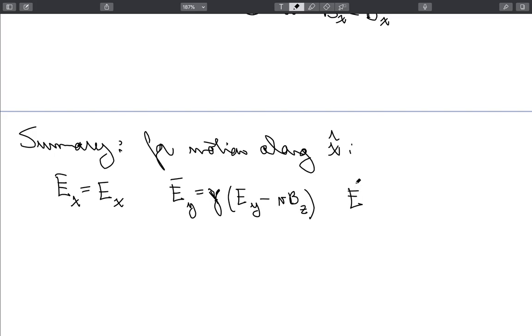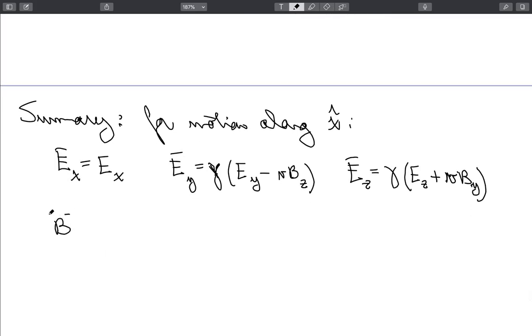And the same thing with the z component. For the magnetic fields, the longitudinal component is unchanged. And once again, the transverse components become a mixture between the electric and magnetic fields of the original frame.